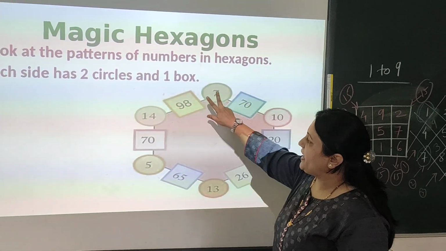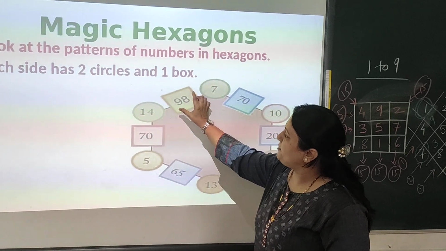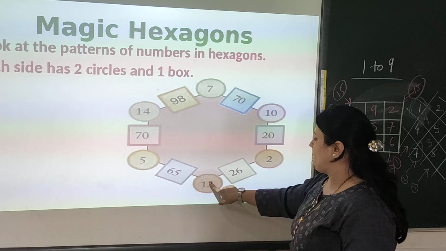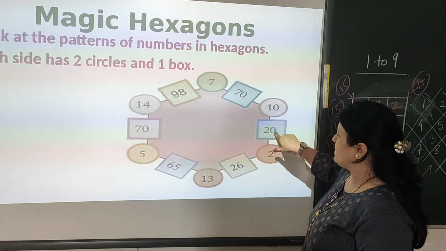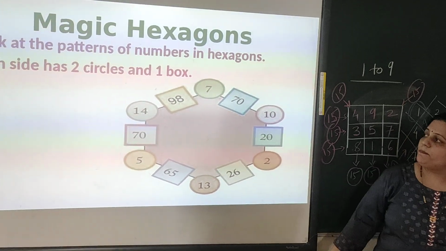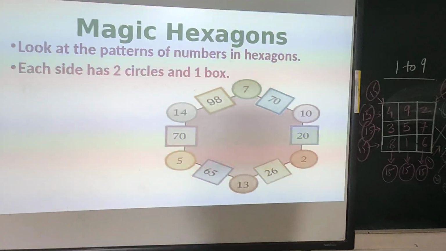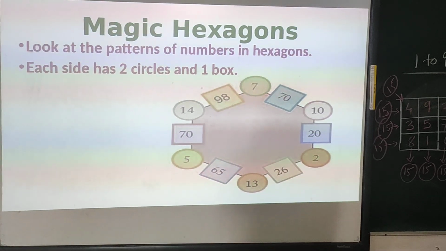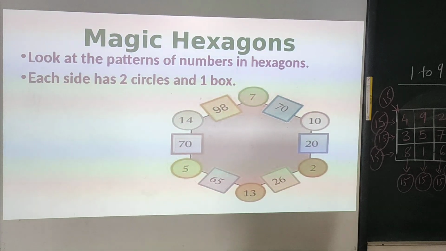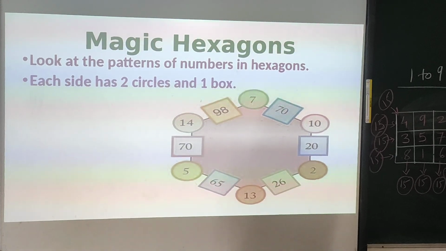So each side has 2 circles and 1 square. And some numbers are given in that. So first find out what the relation is in between. If you observe here, what is the relation?